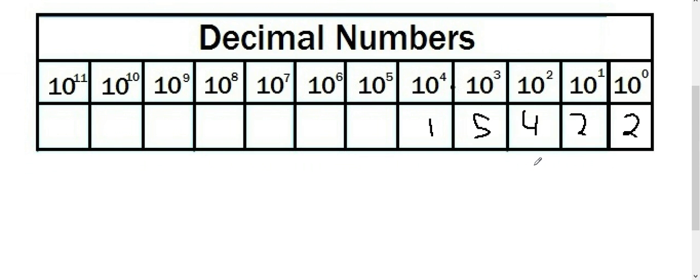But remember in middle school when you had to write out numbers in expanded notation?